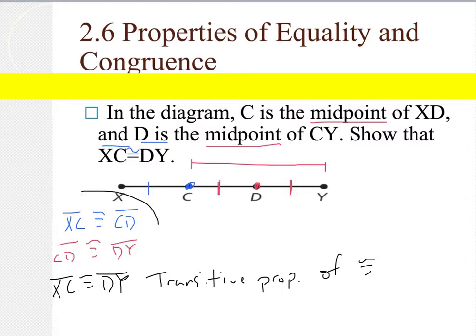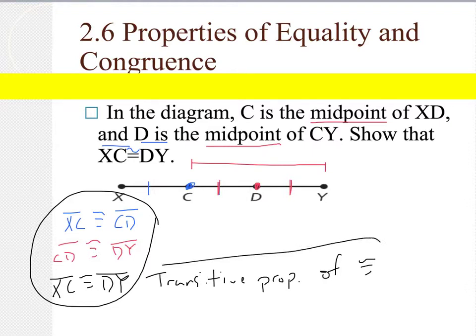That is the exact same thing you see here. XC is congruent to CD. CD is congruent to DY. We can substitute DY in for CD because of that, so XC is congruent to DY. Using your logical arguments and your property here to come up with a great argument.